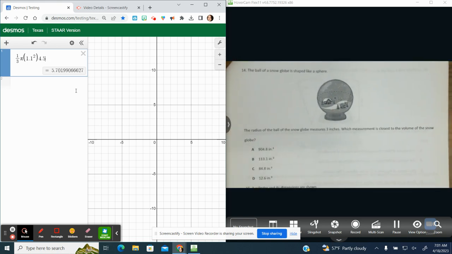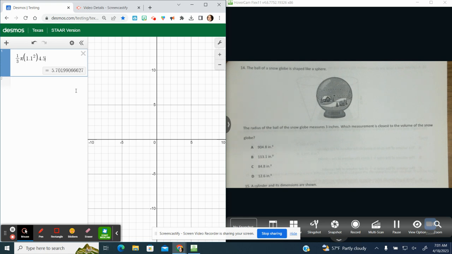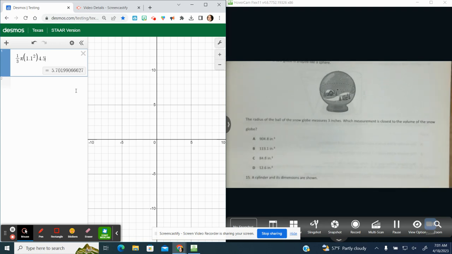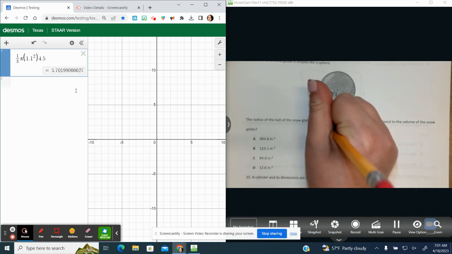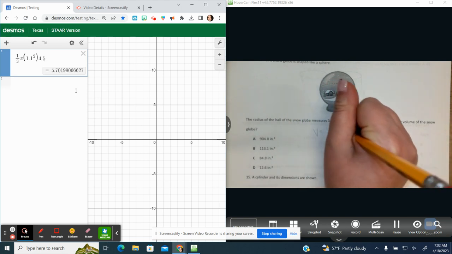Number 14. The ball of the snow globe is shaped like a sphere. The radius of the ball of the snow globe measures 3 inches. Which measurement is the closest to the volume of the snow globe? Volume of a sphere, the formula is V equals 4/3 pi r cubed.